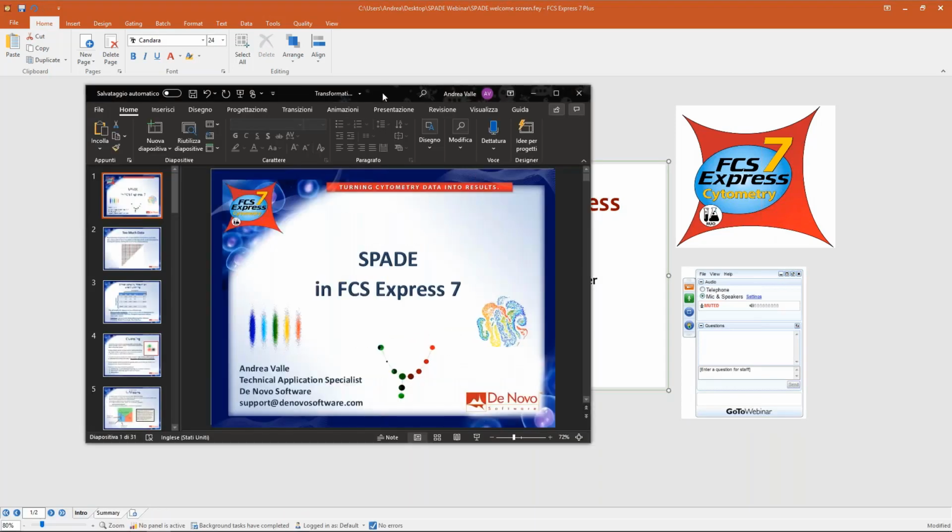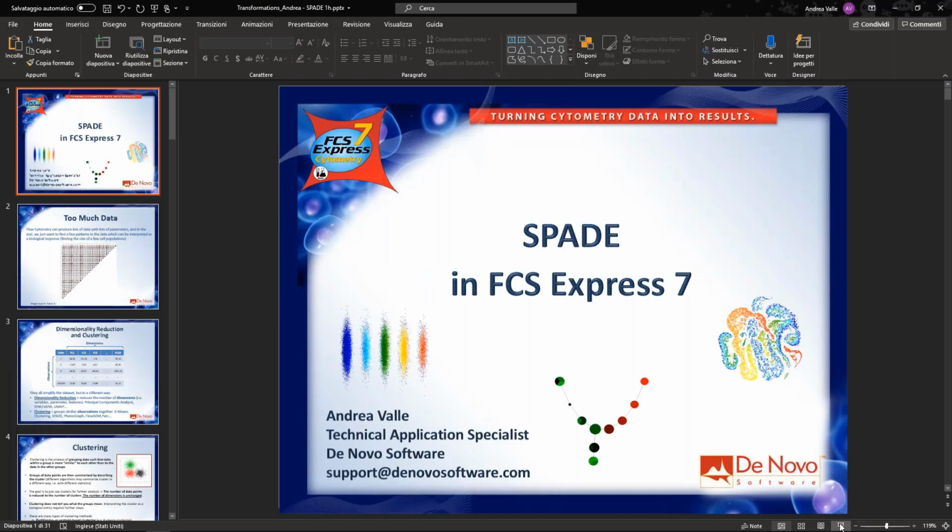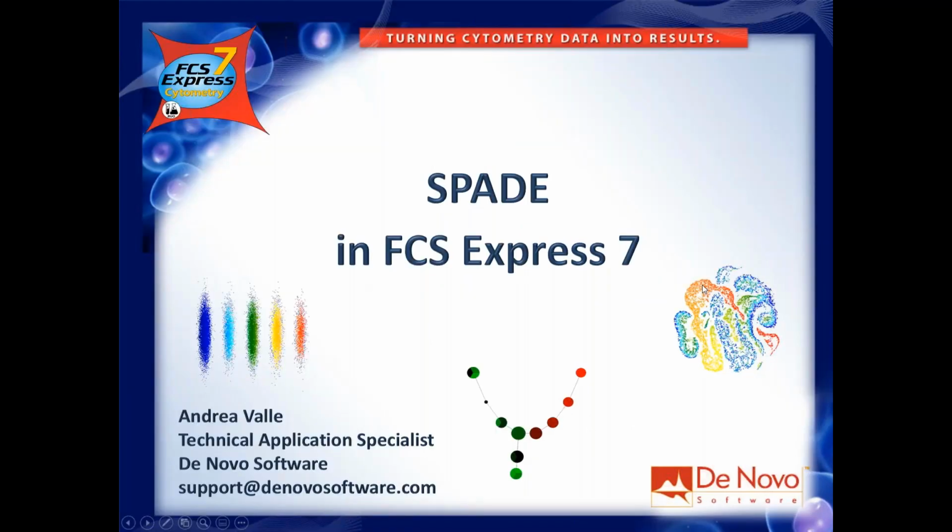Okay, so I put together an introduction with PowerPoint because I really want to give you some basics on SPADE before moving on in FCS Express 7, because as you will see, running SPADE and actually running any type of high-dimensional data analysis tools in FCS Express is really easy.